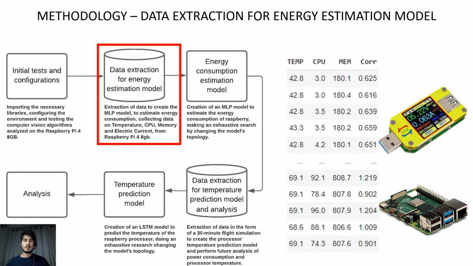For this, temperature, CPU, and memory data provided by the Raspberry were collected, and electric current using a USB meter. Data were collected while using the Raspberry in different tasks, from just being turned on to running detector models. 2,323 points were collected with a time spacing of 1 second.